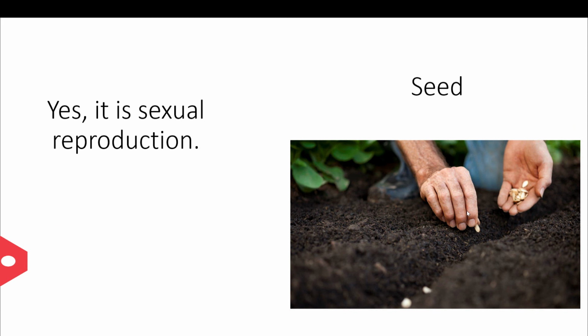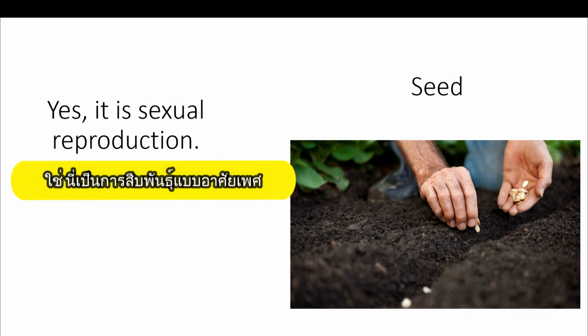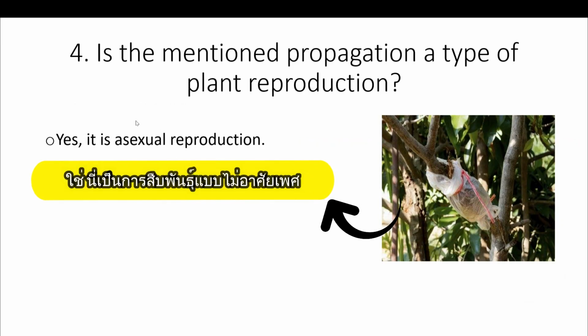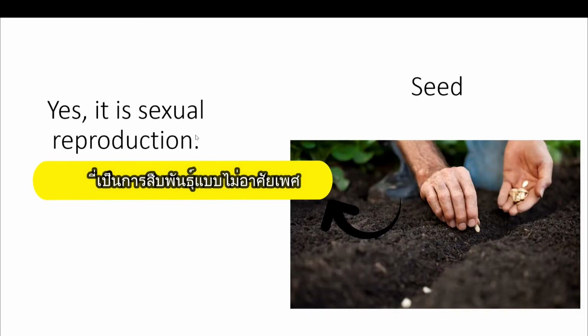Okay, for example, if you use seed, you write there, yes, it is sexual reproduction in your book. If you use seed, it is sexual reproduction. But if you use others, you write asexual reproduction.